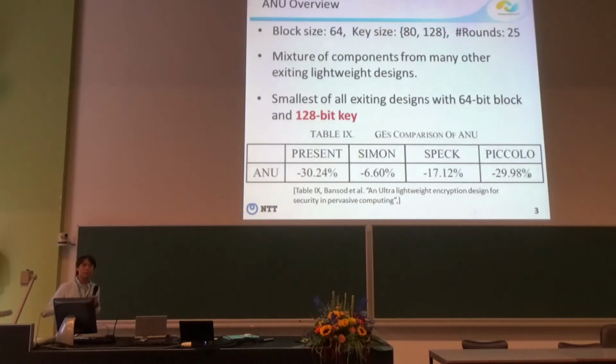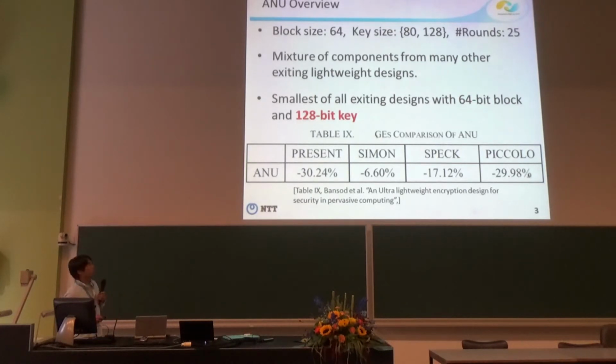And I'd like to give some overview of the ANU block cipher. The block size is 64 bits, and the key size is either 80 bits or 128 bits. This is a typical parameter for a lightweight block cipher. The number of rounds is 25. It is a mixture of components from many other lightweight block ciphers.